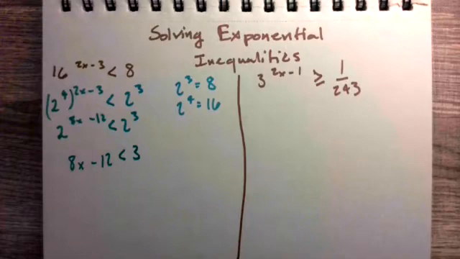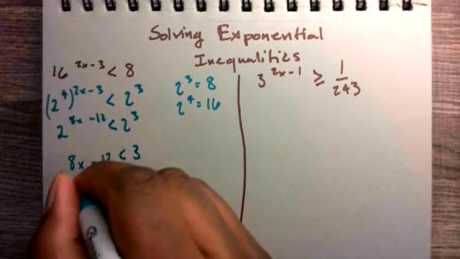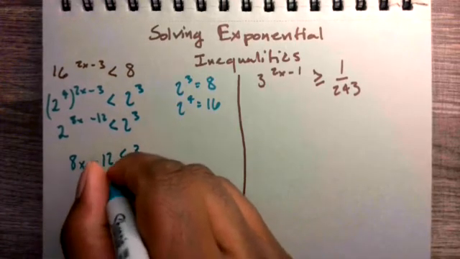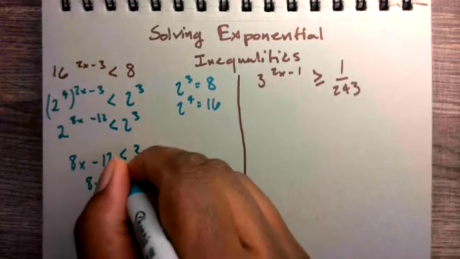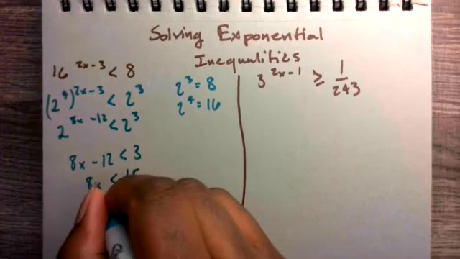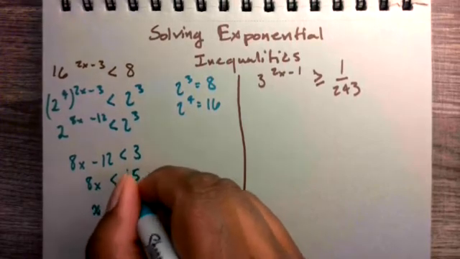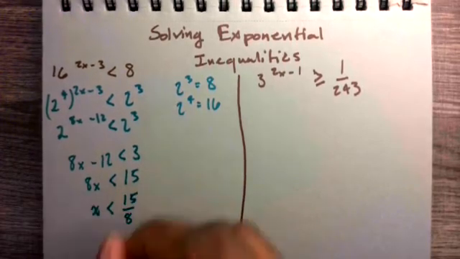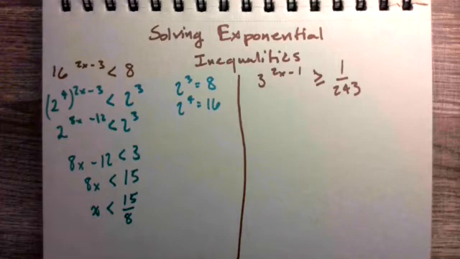If the bases are the same, this must be true. We then go 8x less than what? We add 12 to both sides, it's 15.